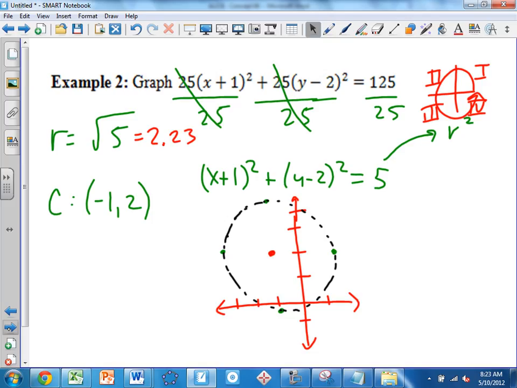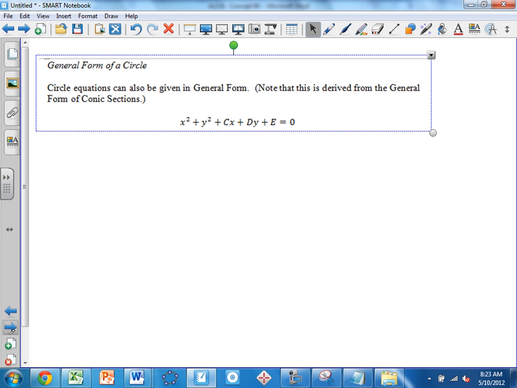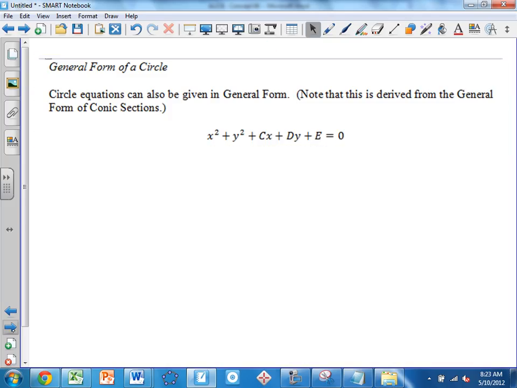All right. Now, what I want to do next is talk about our general form. Remember from yesterday, we said that if the discriminant was negative, it's either an ellipse or a circle. We also said the other day that the values that were in front of these would be the same.